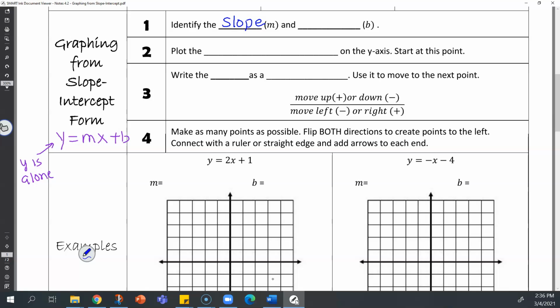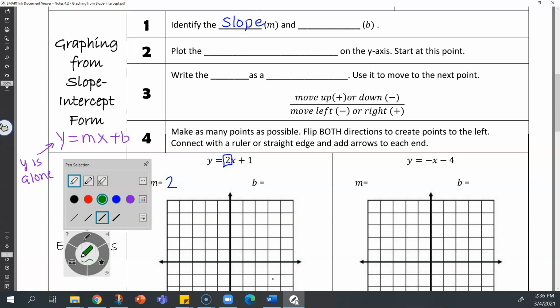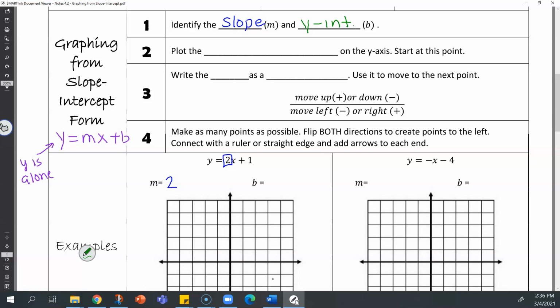So in y equals 2x plus 1, 2 is the number next to x, so 2 is my slope. I also need to identify my y-intercept. I'm not going to write that all the way out, but you're more than welcome to. My y-intercept in a slope-intercept equation is the number that's all by itself. In this case, the number by itself is 1, so my y-intercept here is 1.